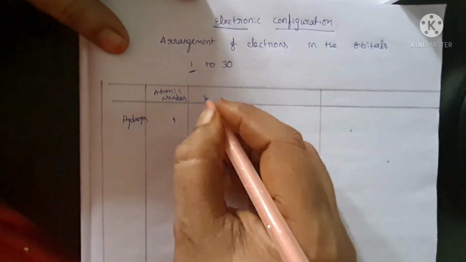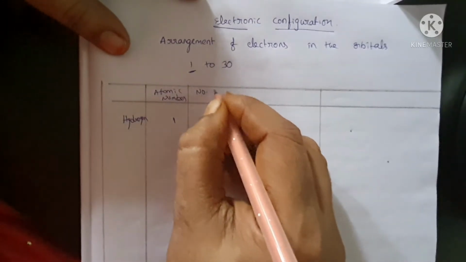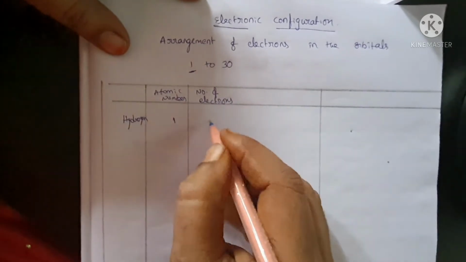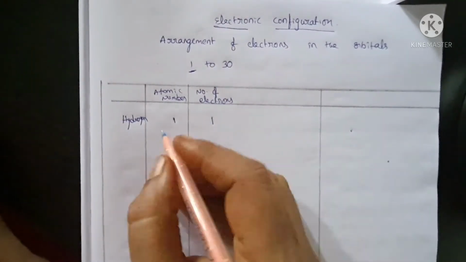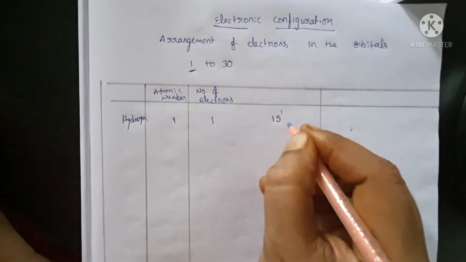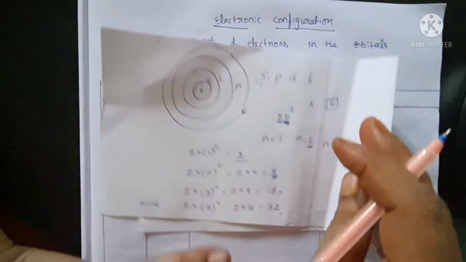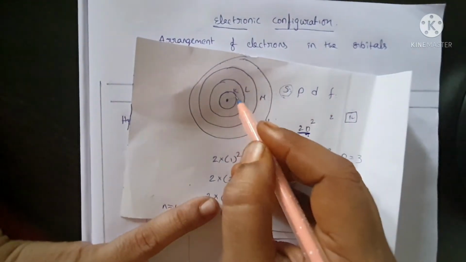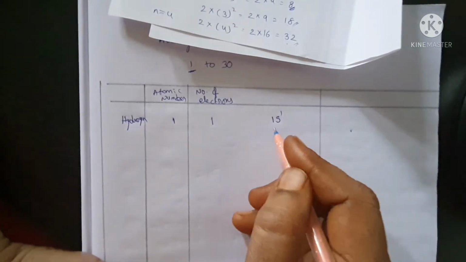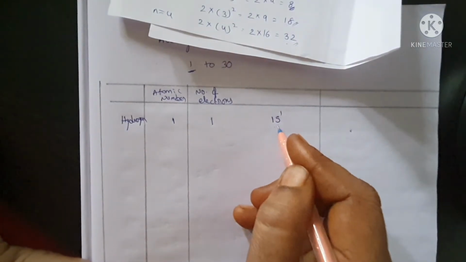The total number of electrons is 1. How do we denote that? 1s1. The electron entering the first shell is in the s orbital only. That is 1 electron, so we represent it as 1s1.